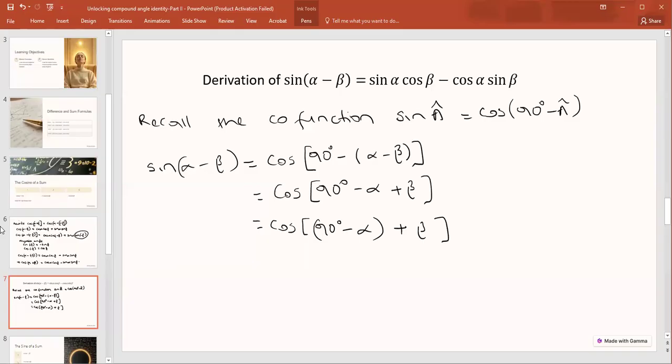Recall from the previous proof that cosine of alpha plus beta is equal to cosine of alpha times cosine of beta minus sine of alpha times sine of beta.